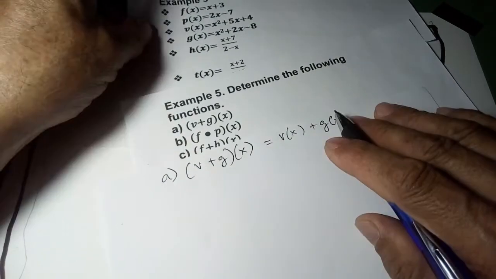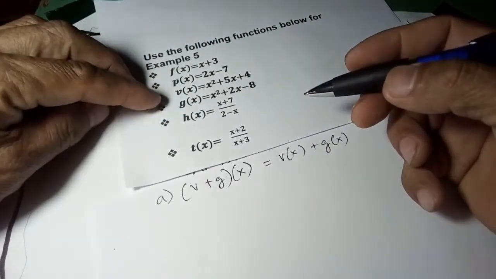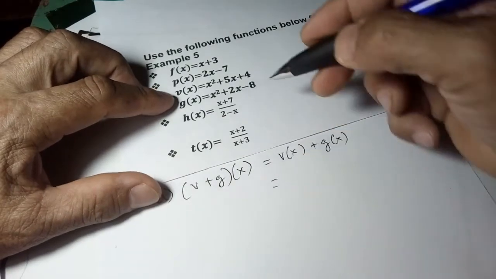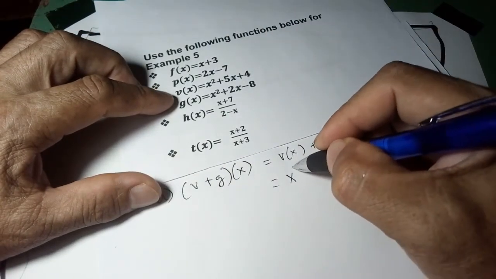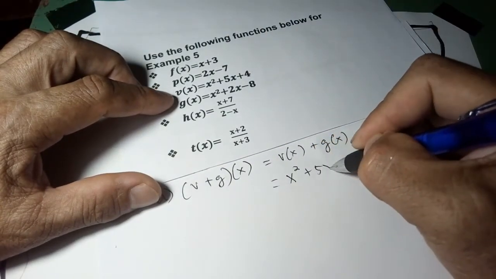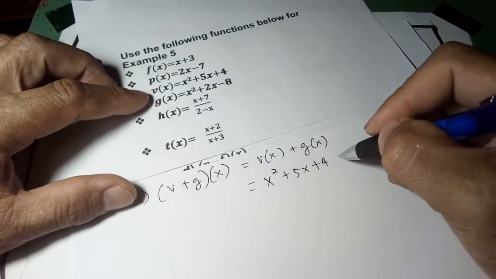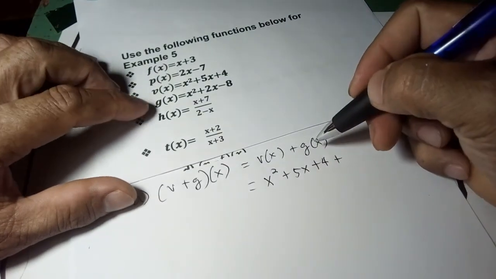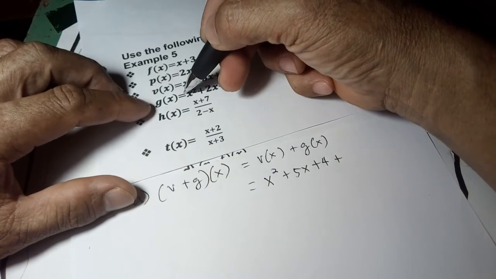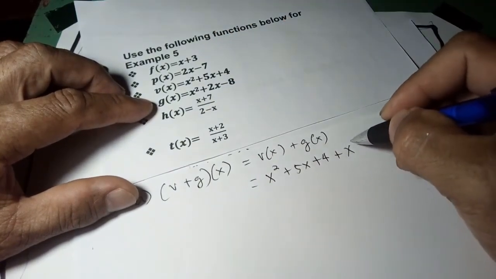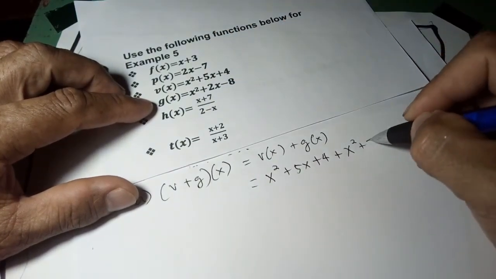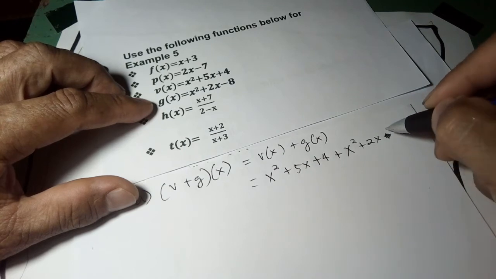So what is our p of x? Here is our p of x: x squared plus 5x plus 4, plus g of x. What is our g of x? We have g of x is x squared plus 2x minus 8.